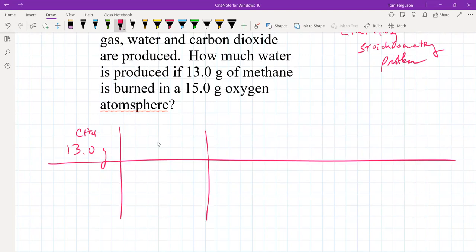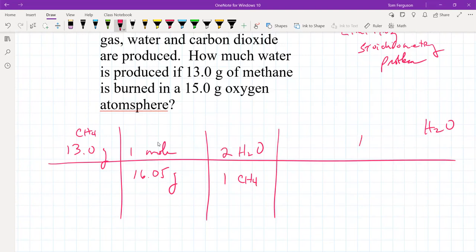We want to see how much water we can make. First step is convert grams of methane to moles of methane. Methane was 16.05. Next, we need water to methane. That was 2 to 1. Methane cancels, grams cancel, moles cancel, and water is 18.02 grams.